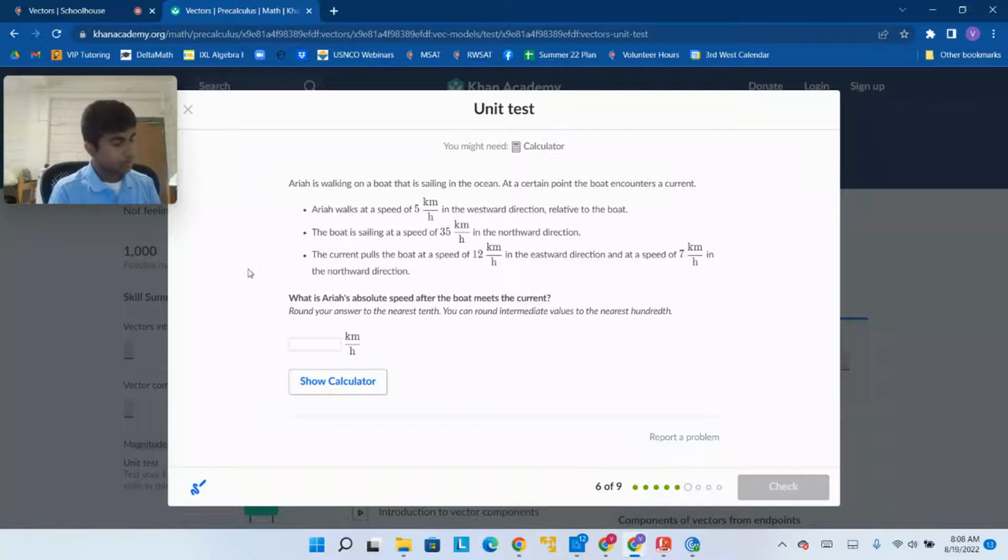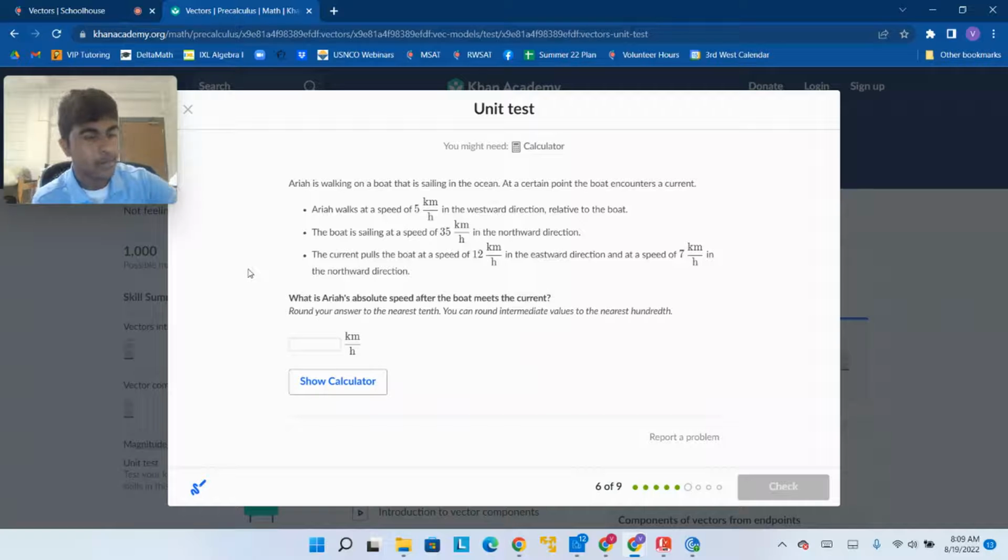So let's do that. Okay, so we have Araya walking, so that's going to be 5 kilometers per hour in the westward direction. And then we have the boat sailing in the northward direction. I know my diagram's not to scale, as you're about to see, but it passes.